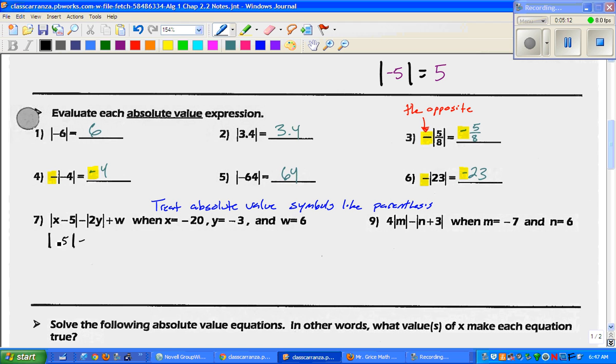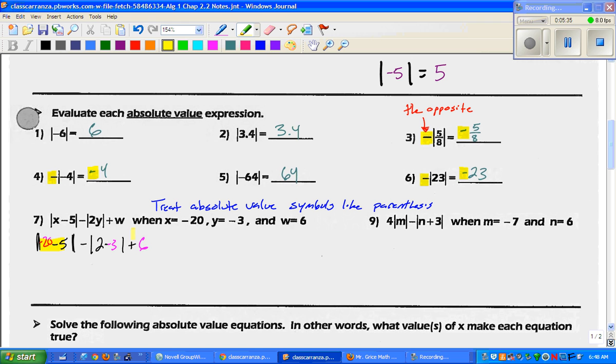So, oh, I don't have enough room to write there. Let's make that a little bigger. So minus 5, 2, plus, plug in all of our values, negative 20, negative 3, and 6.